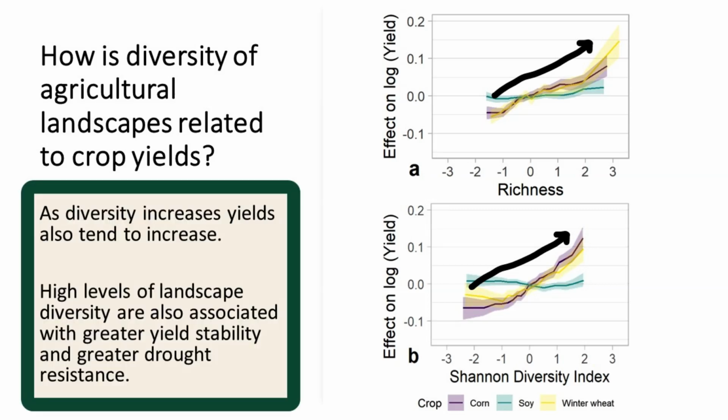So some of the main takeaways of this quantitative modeling exercise is that as diversity increases, yields also tend to increase. And this is for counties in the US. We've also done modeling that shows that high levels of landscape diversity are associated with greater yield stability and also with greater drought resistance.